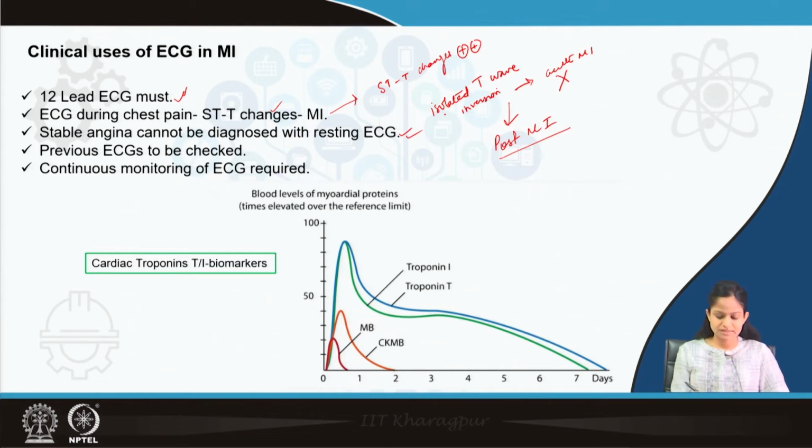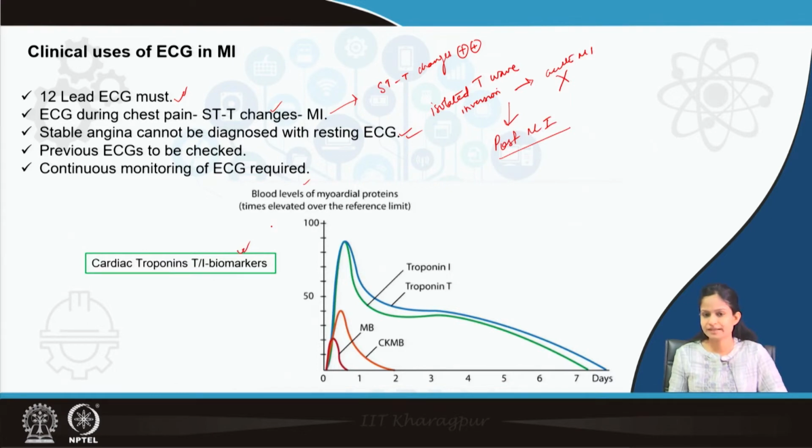In this diagram we see the various biomarkers which are usually raised in myocardial infarction. Generally we take the highly specific and sensitive troponin levels. We have cardiac troponins T and I. These are very sensitive for myocardial infarction.